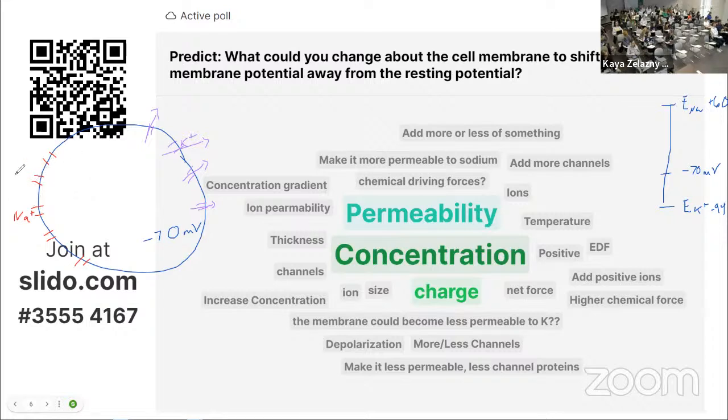So when the sodium channels open, I have a written question, but take a second to predict what's going to happen when we open a bunch of sodium channels. Hopefully what you're all answering in your heads right now is we're going to have more sodium entering the cell, because that's the direction the sodium wants to move, which means we're going to have more and more positives flowing in, making this membrane potential more and more positive. That's what we're going to start to see as a neuron begins to fire, essentially.